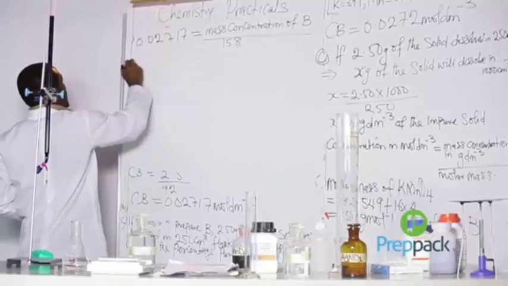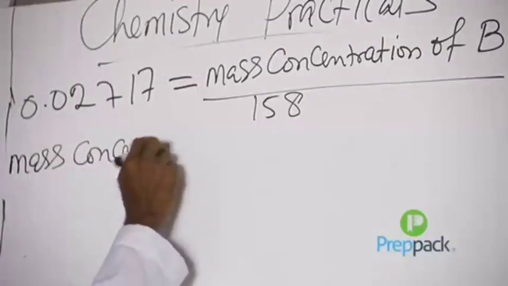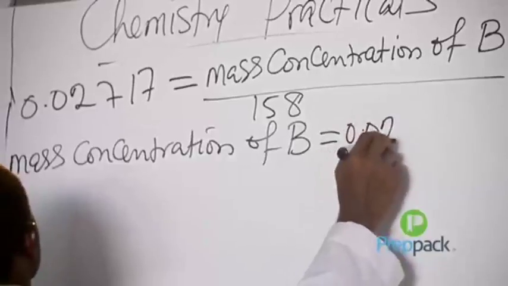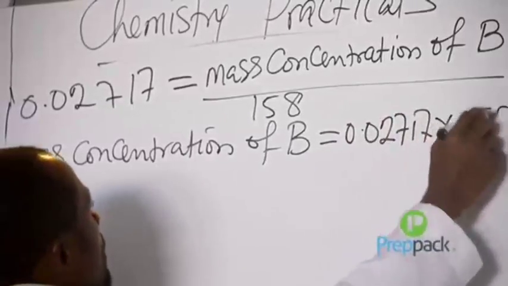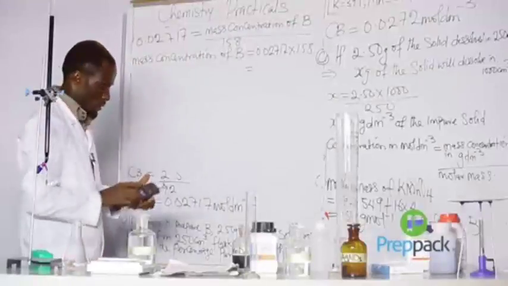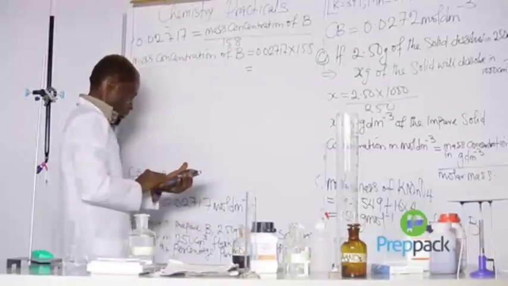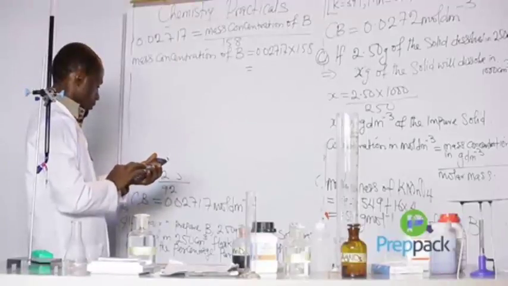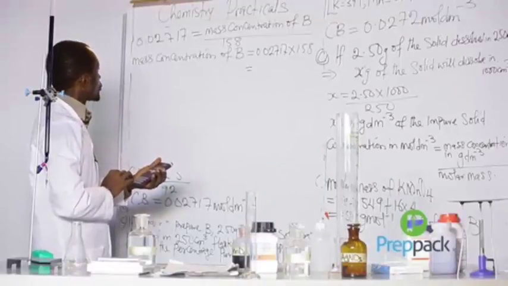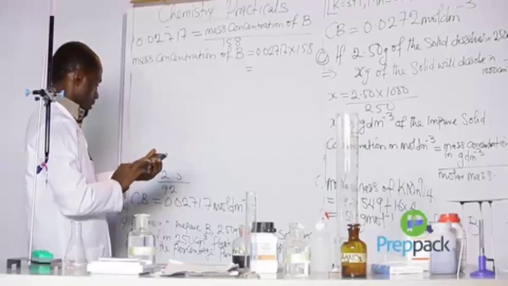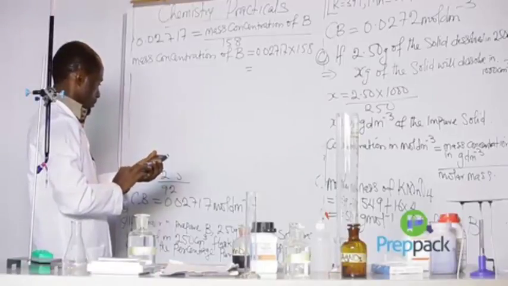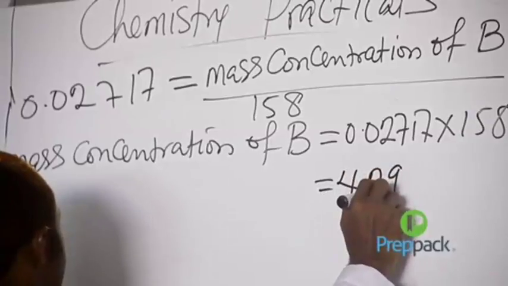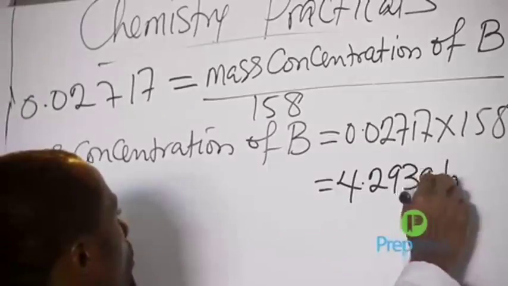So when you cross multiply, the mass concentration of B becomes 158 multiplied by 0.02717, which is equal to 4.293 gram per dm cube.